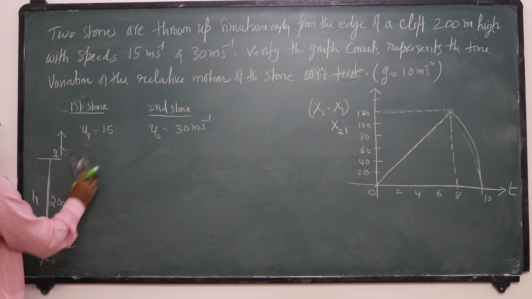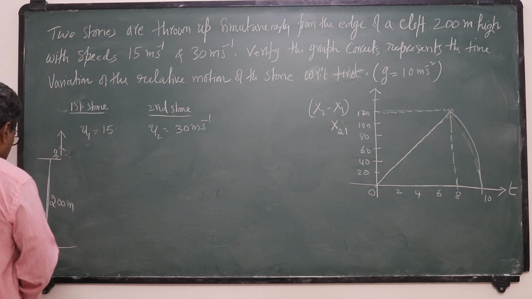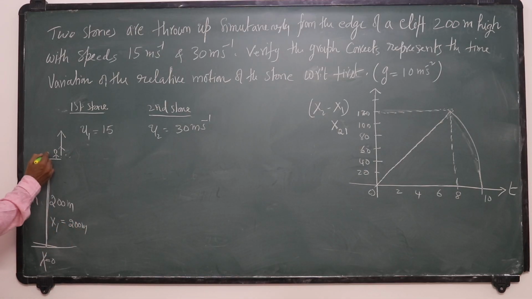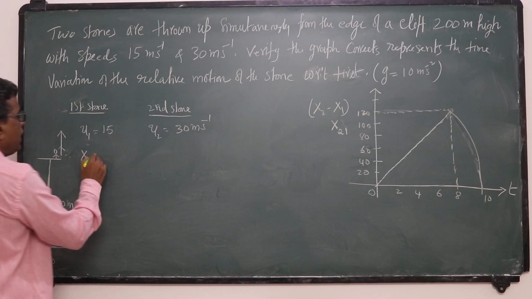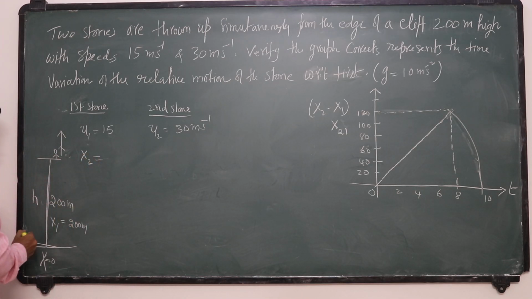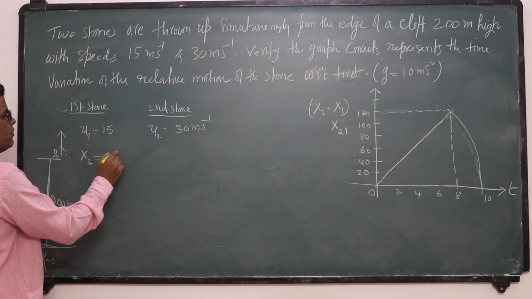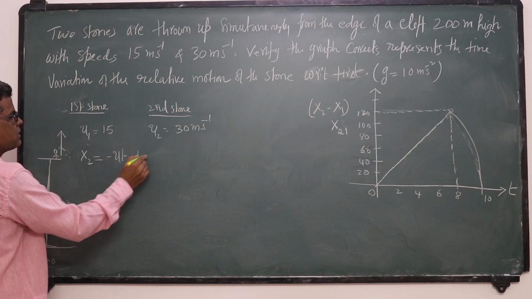Relative separation: he takes x1 and x2. Otherwise you take this one as x. This position you take as x1, 200 meters. So what is x2? x2 is, we have the height of the tower formula: minus ut plus half gt square.